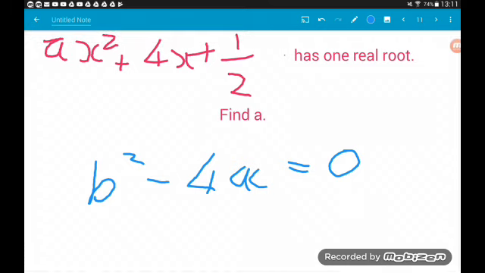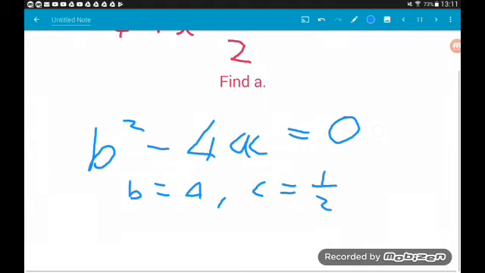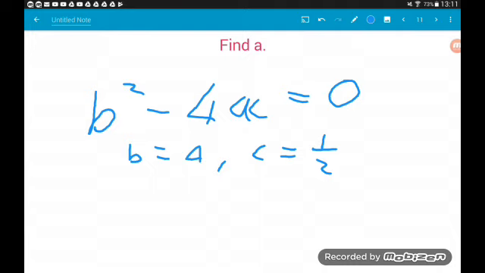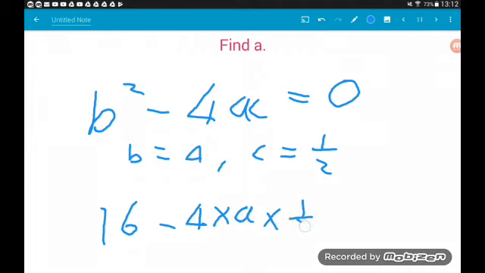So, here we know the values of b. b is 4 and c is 1/2. So if we substitute our things in, we know b squared, 4 squared, is 16. So 16 minus 4 times a times 1/2 is equal to 0.